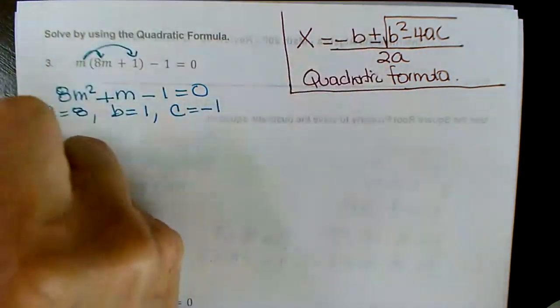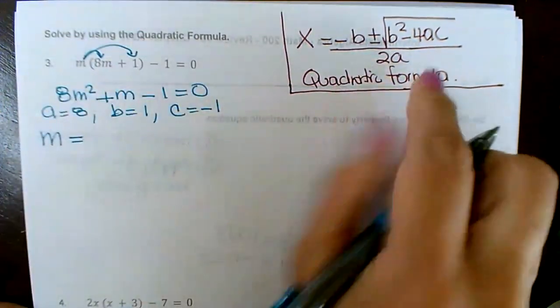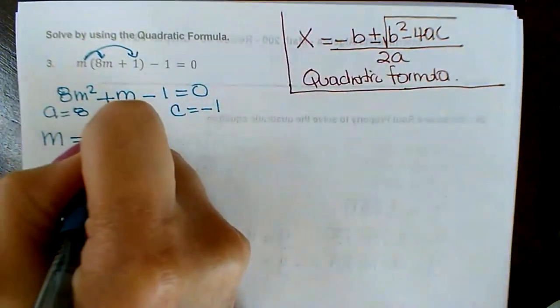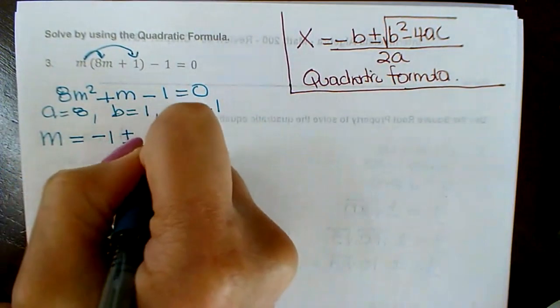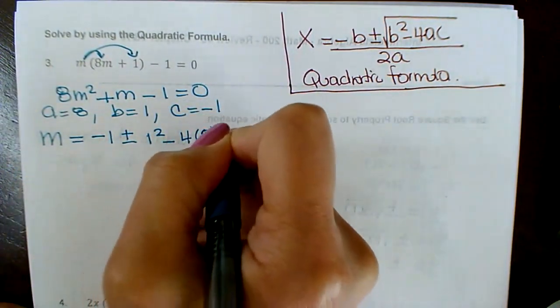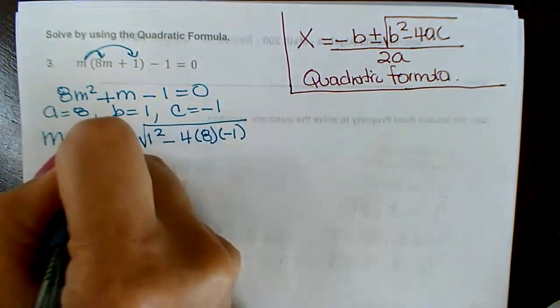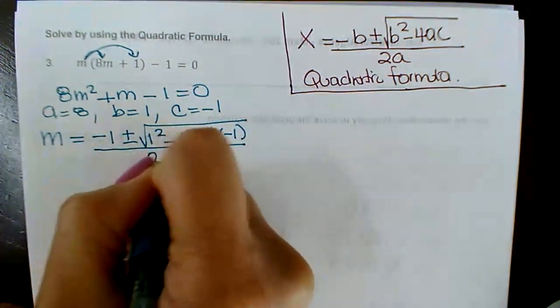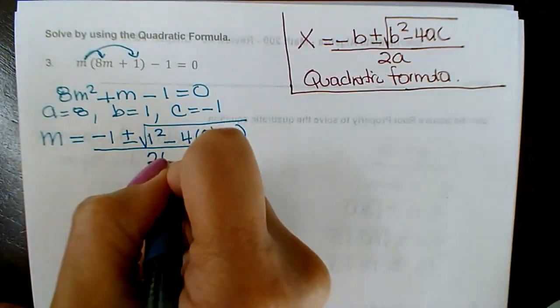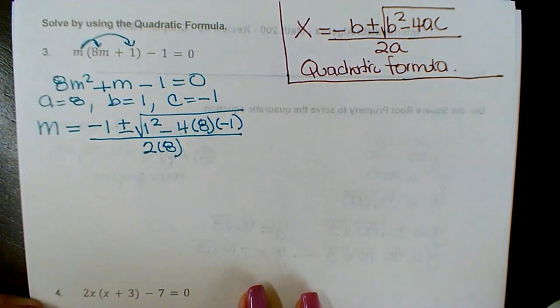So we're going to apply the quadratic formula. Negative b plus and minus the square root of b squared minus 4 times a times c, over 2a, will be just like this.